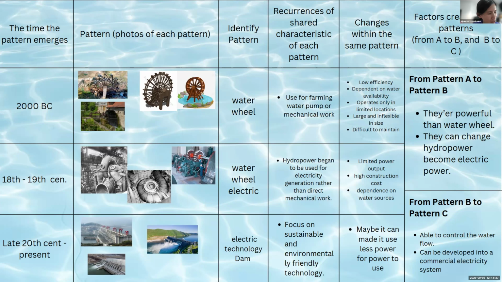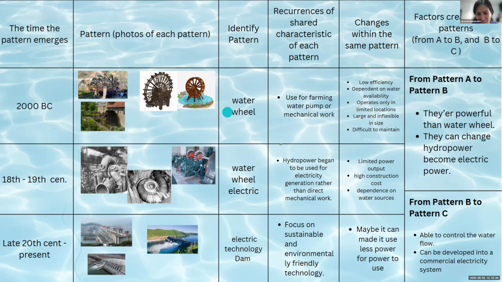Yeah. So your explanation is a little bit off here regarding the change within the same pattern. But I can see that you mentioned, for example, that it can use less power. So this one is closer to the objective that we want students in our class to explain. Okay.